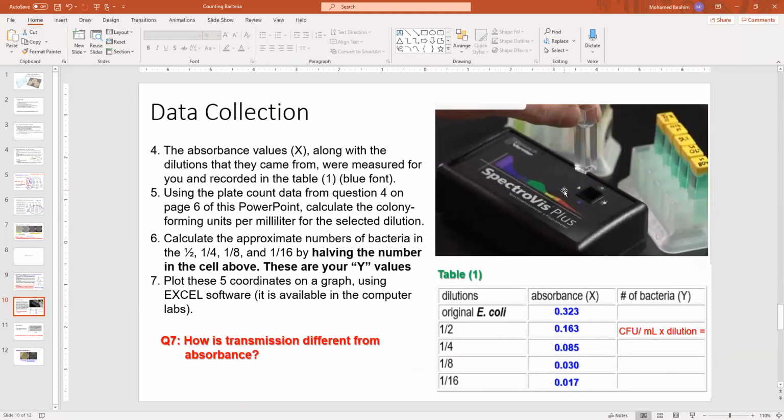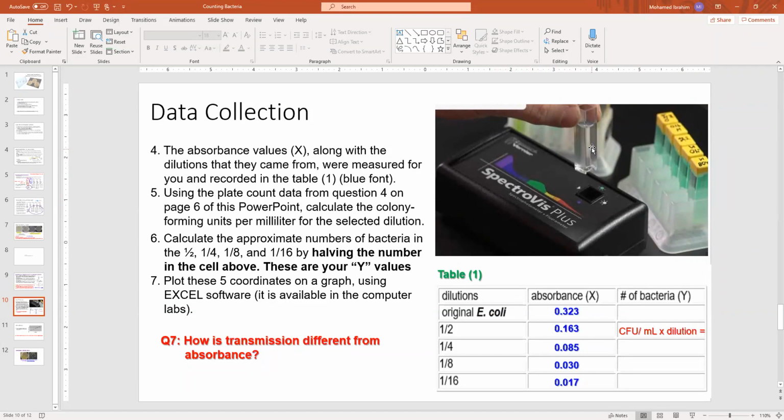And remember another very important thing before you use the spectrophotometer: you need to have something we call a blank. A blank means a medium which has everything except for what I'm measuring. Say I'm measuring bacterial cells, so my blank will be everything else, no bacterial cells. What is the purpose of the blank? It is very important to use it to zero your spectrophotometer, because you're not only measuring bacteria; you have bacteria, you have media, you have some nutrients in the media.